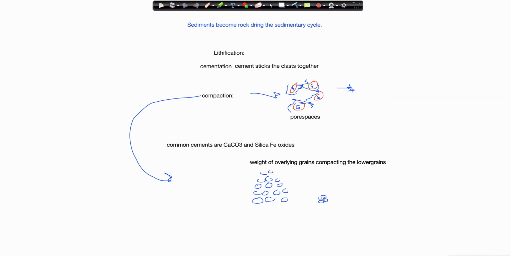Basically, it closes pore spaces, just by the weight of overlying sediments. And this is called closest packing. It's going to pack the grains as close as it can, and it's going to close or shrink pore spaces.